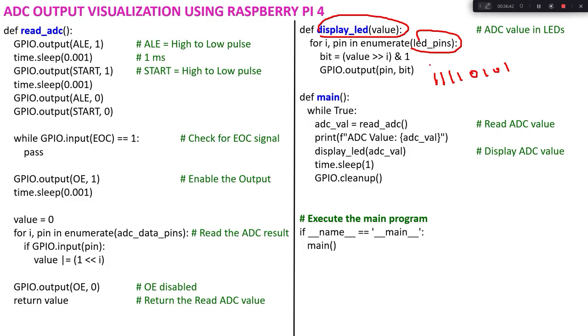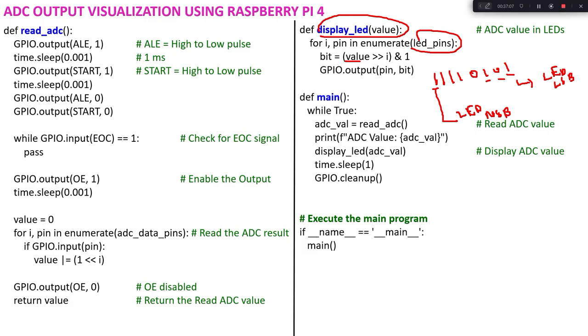So I am going to take one by one. This value I should send to the LED which represents the LSB bit, the next value to the next LED, the next value to the next LED, and the final value to the LED which represents the MSB bit. So I have to take one by one and send it.